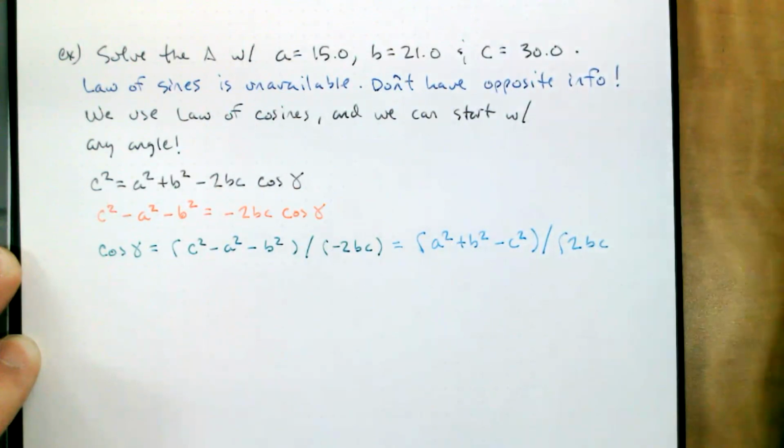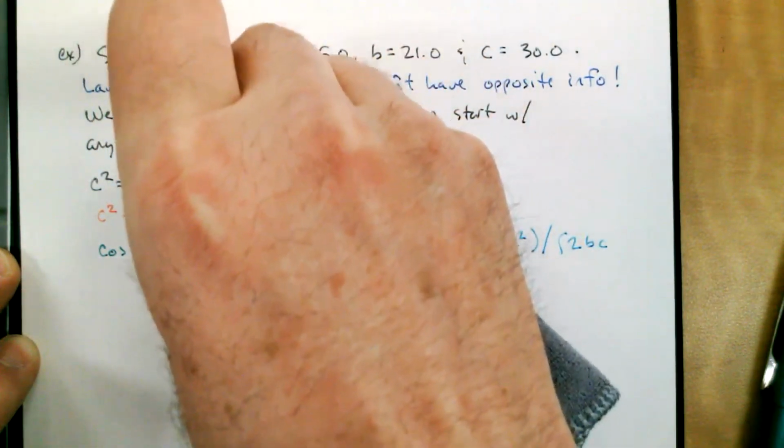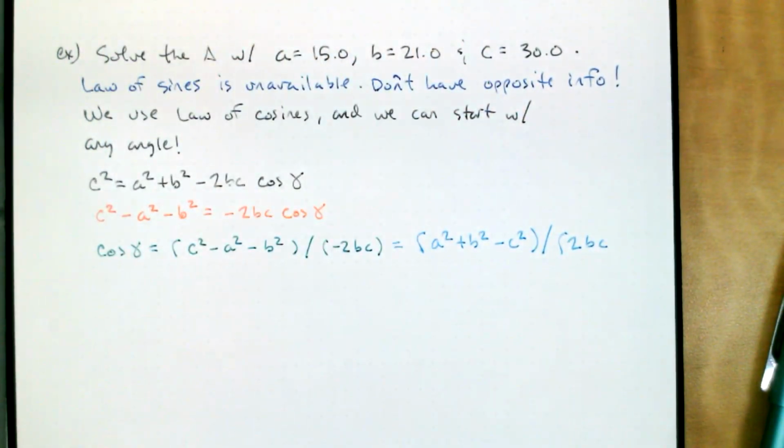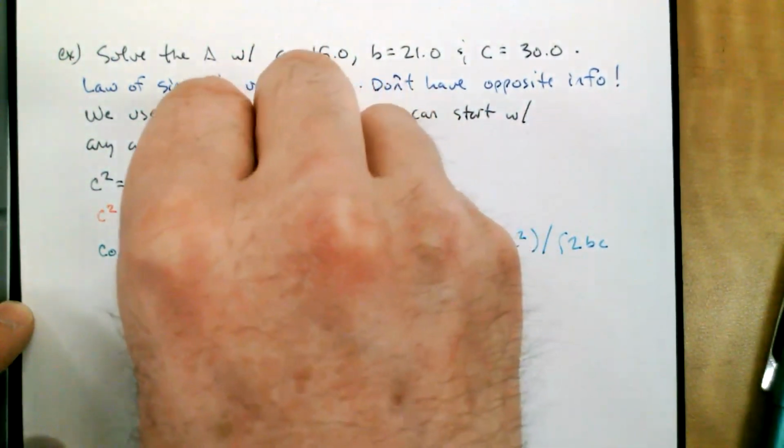Oh, not bc. Why did I think I was going to be solving for alpha first? Halfway through the problem, I decided to try to solve for alpha instead of gamma. Geez, glad that got recorded.